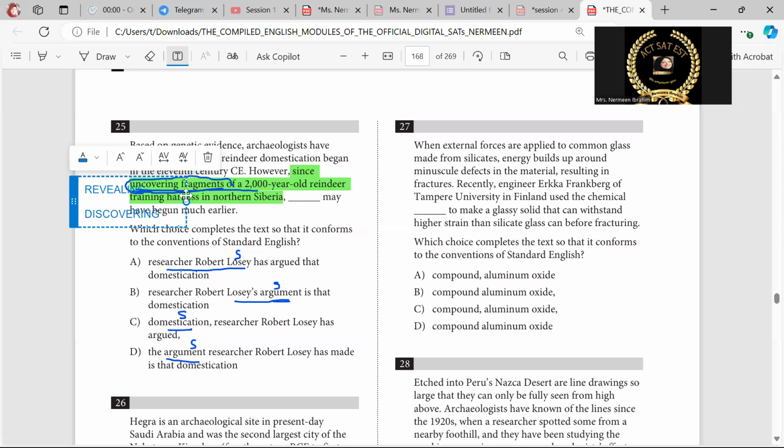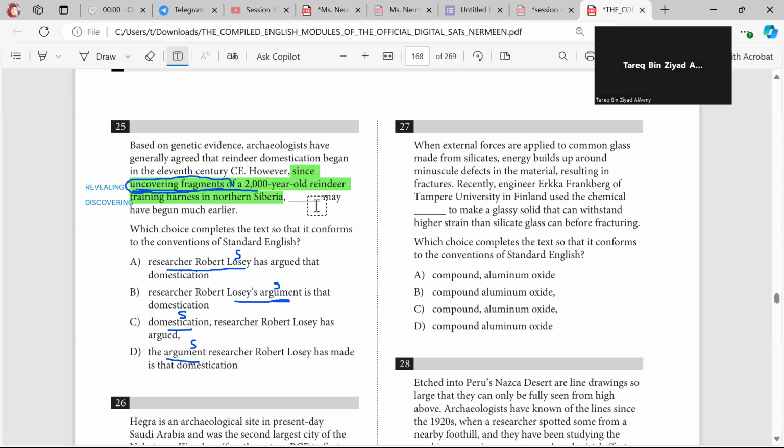Who's supposed to be discovering and revealing anything about a certain fossil or a certain plant or whatever? Is it the process of domestication? Domestication is, like, uncovering fragments.